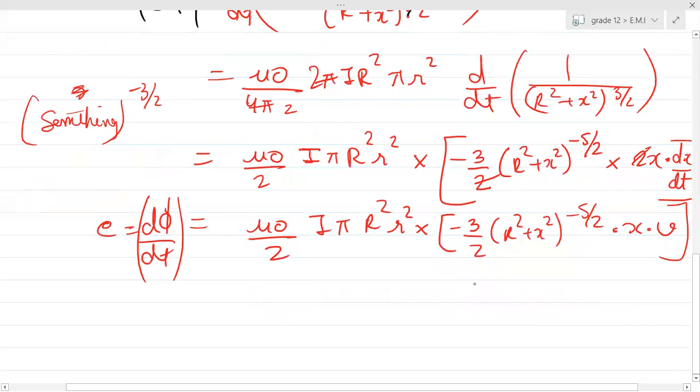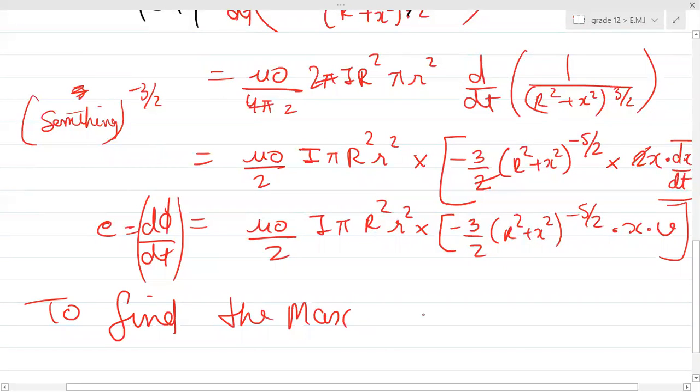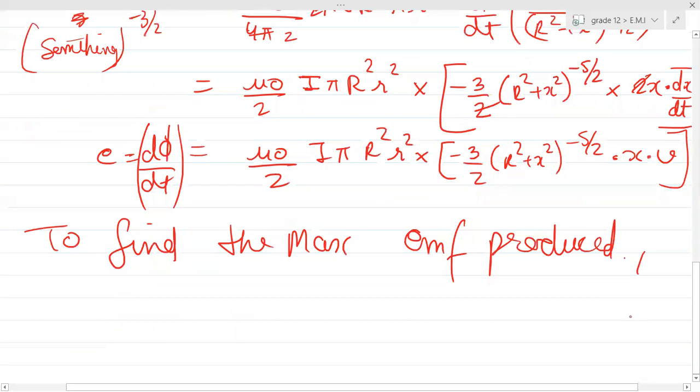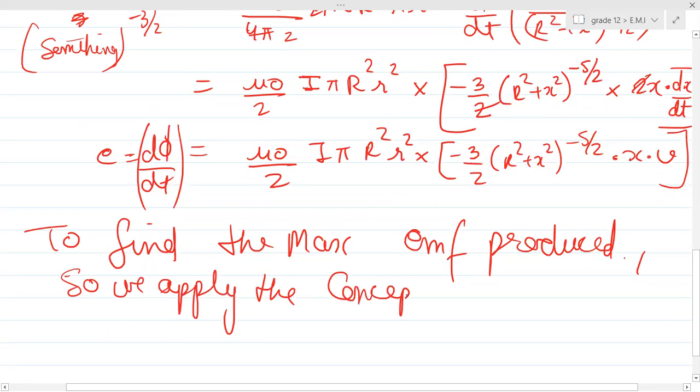Now, what was the question? The question was to find the maximum EMF produced. So we apply the concept of maxima and minima.